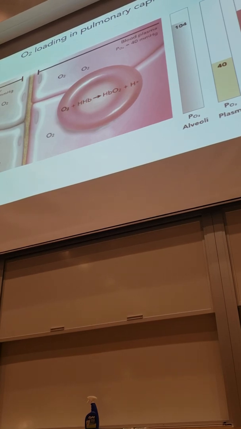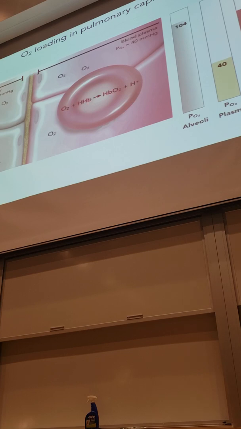Hemoglobin in this state, where we have already used some of the oxygen, is down to about 75%. That is, there's room for another 25%. Okay? We've consumed 25% of the binding capacity. Okay? So this is blood arriving at pulmonary capillaries.